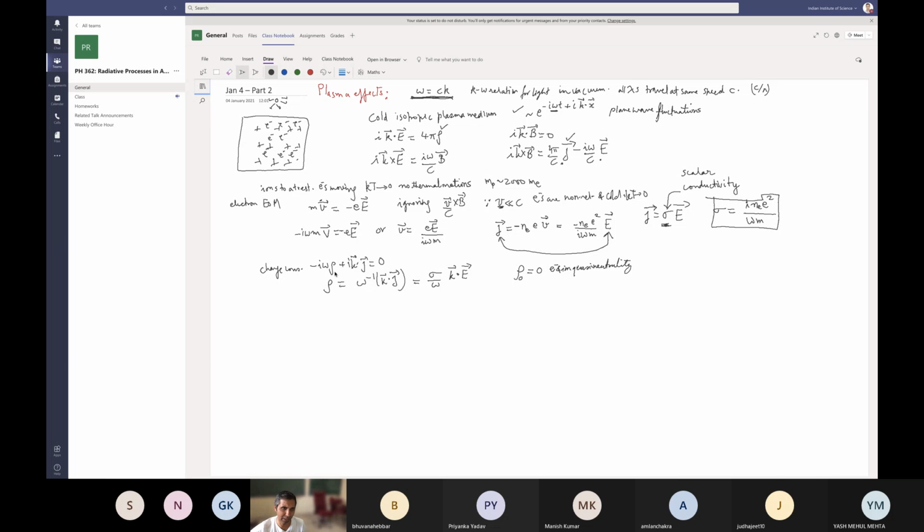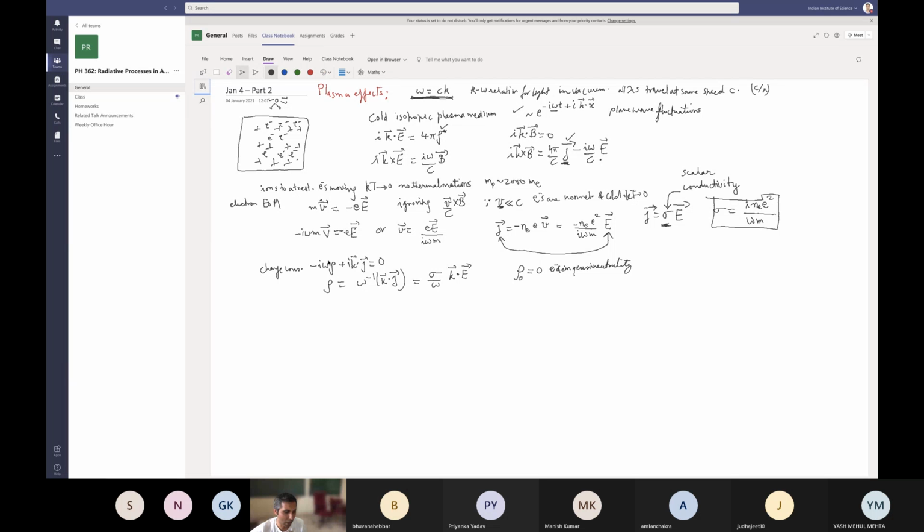This is the fluctuation equation, so this is the delta rho. The electric field is the electric field of the electromagnetic wave, which is also a fluctuation. Now we have rho and j that we were after, in terms of the electric field itself.